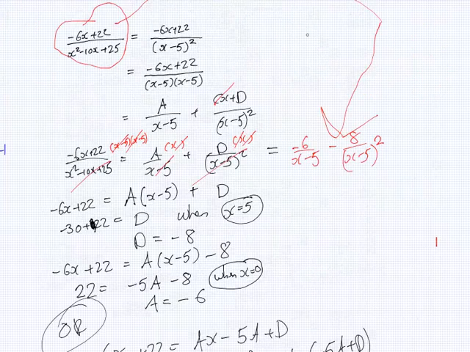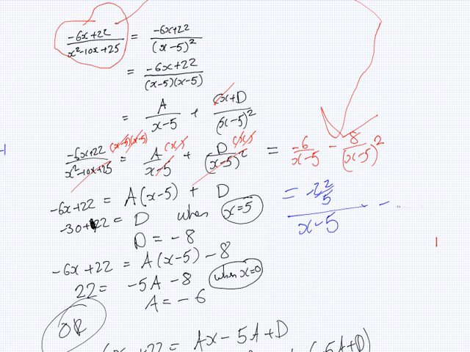If you deleted the D, your A will be different. Instead of getting minus 6, you'll get minus 22 over 5 over x minus 5. And instead of getting D here, you're going to get Cx, and the C works out to be minus 8 over 5.